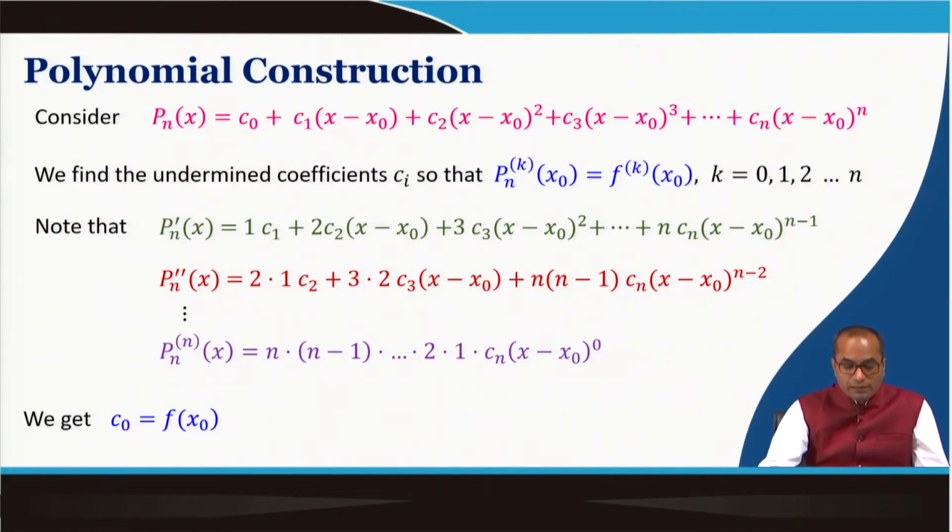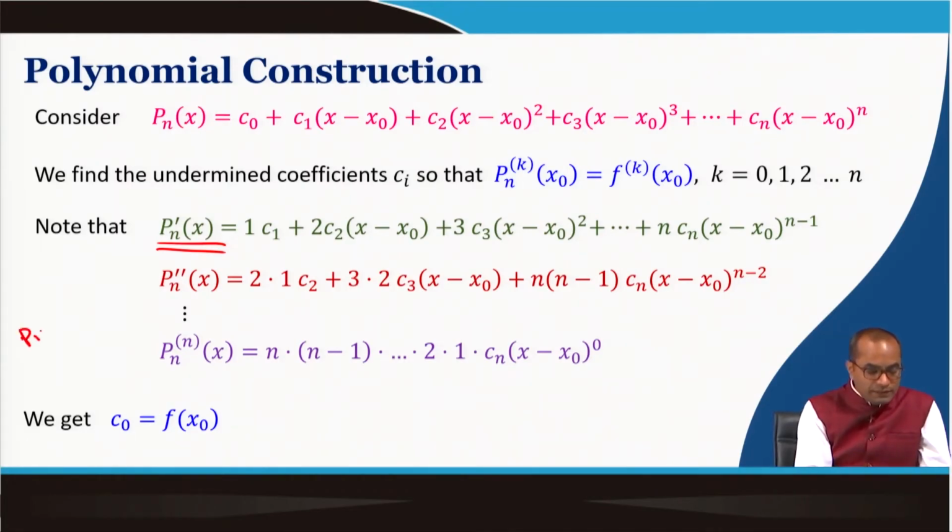Similarly, when we apply this to the first derivative, so Pn first derivative at x naught, in the first derivative we have here the C1, not C naught, and all other terms will become 0.